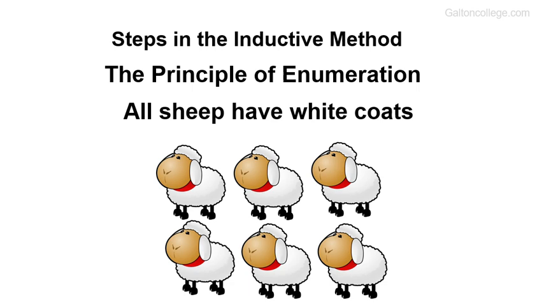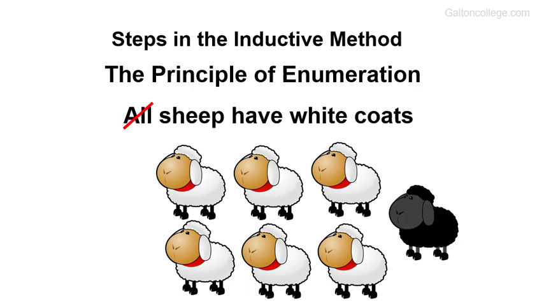We saw 1 sheep with a white coat, 2 sheep with a white coat, 6 sheep with a white coat. Therefore we say, look, all sheep have white coats. But it's not true. There's a sheep that doesn't have a white coat, and that sheep could be in the majority.